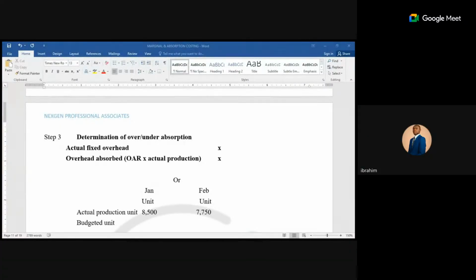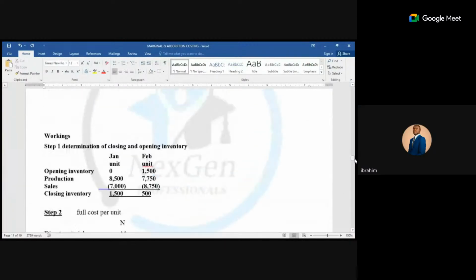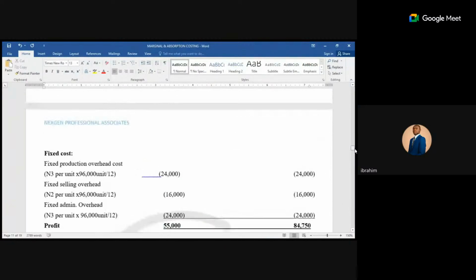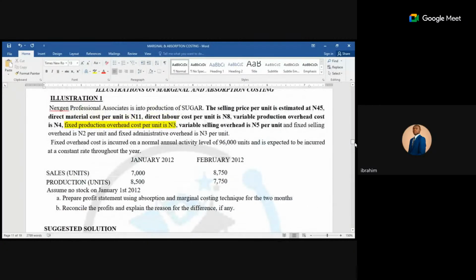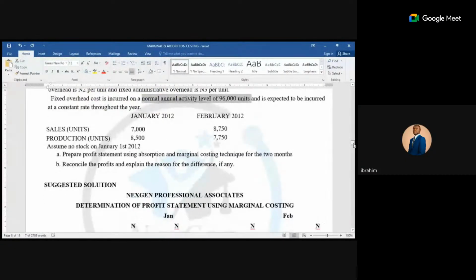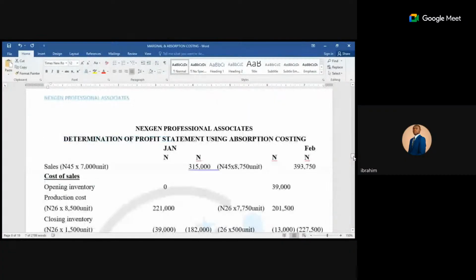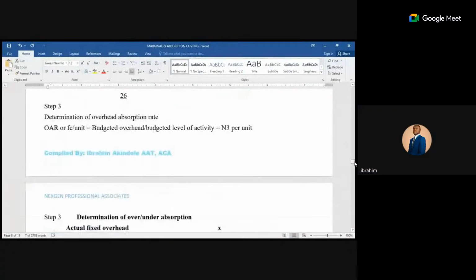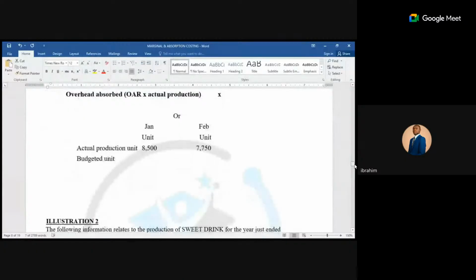Please always pay attention to this. The 96,000 units is the annual budgeted units, and you want to calculate for just January and February. So you divide 8,000 by 12 so that you have it for each of the months.